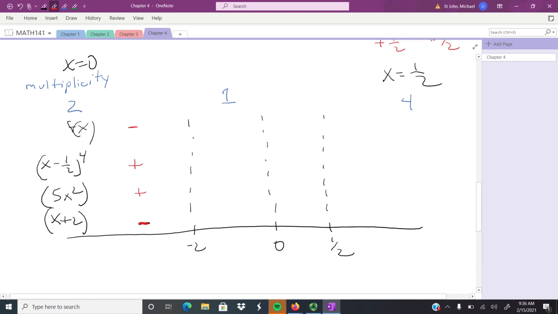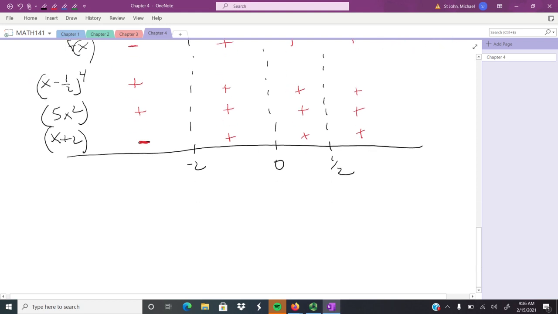Well, when we're in between -2 and 0, now this will be positive. Now this is positive. This is positive. And now f of x will be positive. Okay? And then here, again, everything will be positive. And then here, everything is positive.